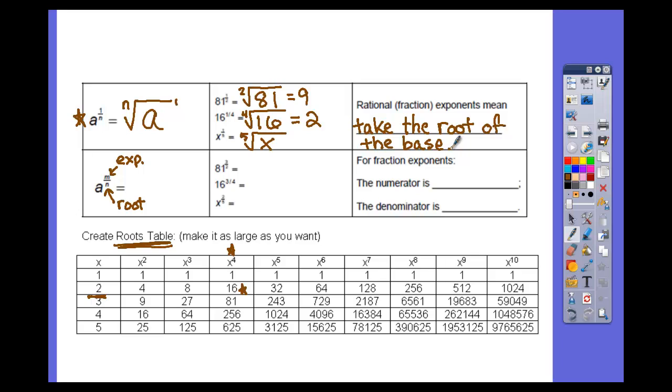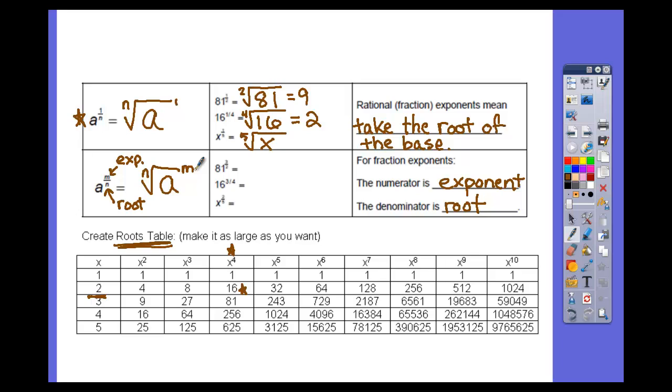Okay, for fractional exponents, the numerator, just like we said over there, is the exponent. The denominator is the root. So when you do a to the power of m divided by n, you're doing the nth root of a to the m power.